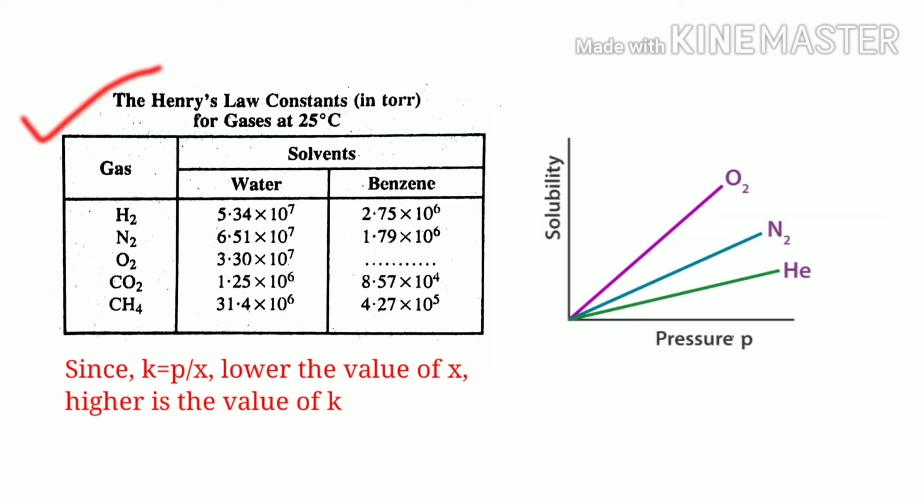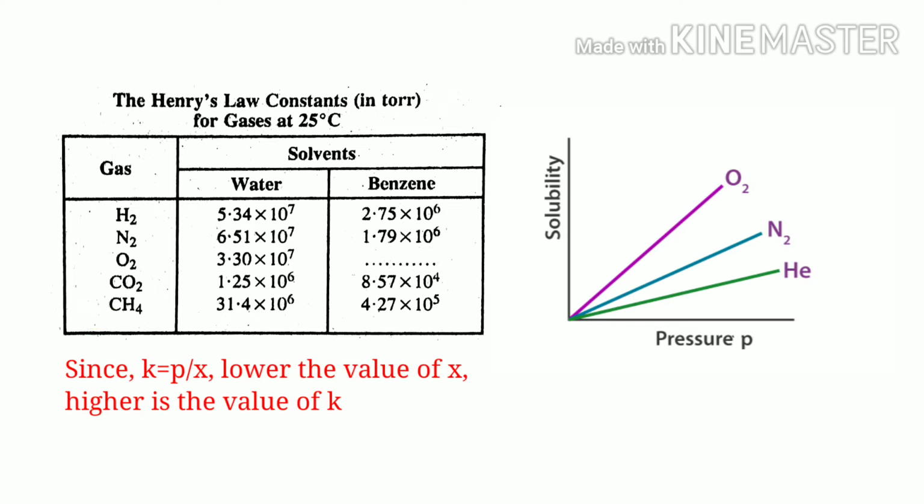The Henry's law constant values in torr for some gases at 25 degrees centigrade are shown in this table. Since K is equal to P by X, the lower the value of X, the higher is the value of K. That means the lower the solubility of the gas, the higher is the value of K; or the other way around, with decrease in the value of Henry's law constant K, the solubility of the gas in the liquid increases.